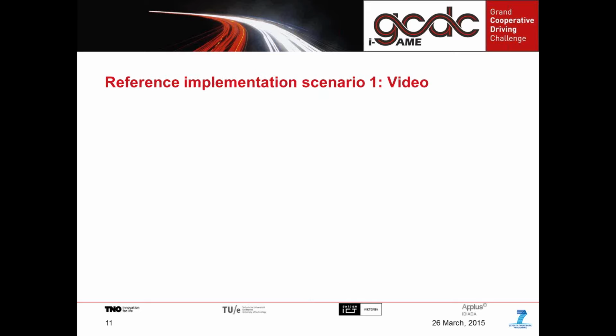To give you an idea of what this looks like, we made a reference implementation of 3 vehicles who can do the highway scenario, and I now want to show you a movie.